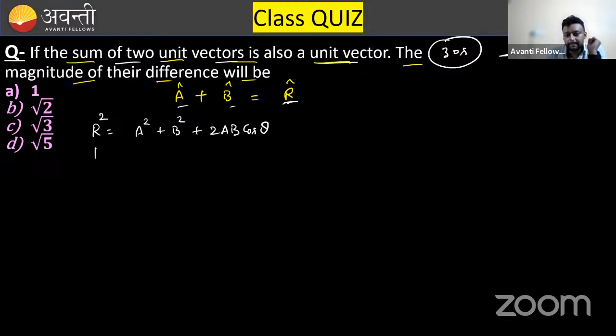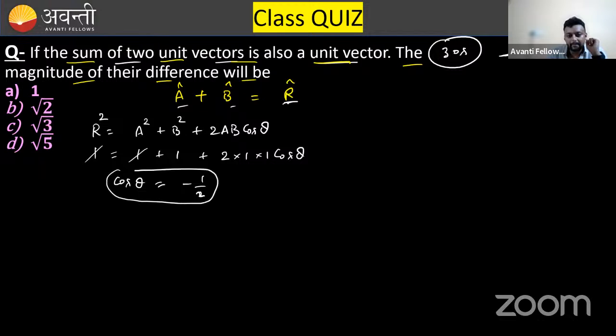So 1 is equal to A is also a unit vector, B is also a unit vector, plus 2 into 1 into 1 into cos theta. So after this, what you will get, cos theta is equal to, can you see that this 1 and 1 can be cancelled? This is minus 1 by 2.